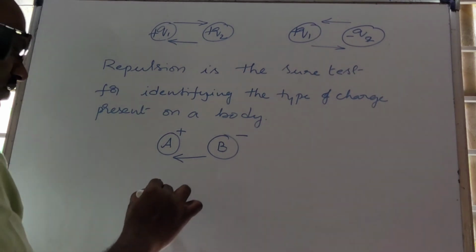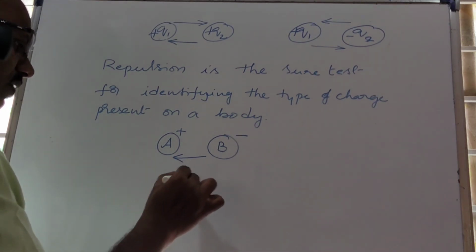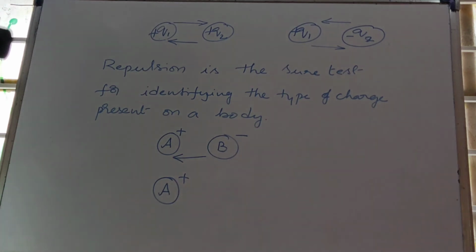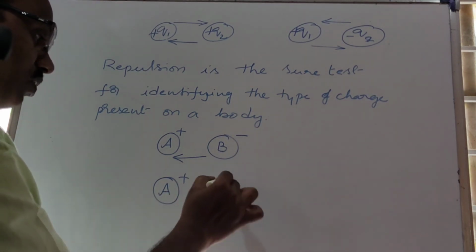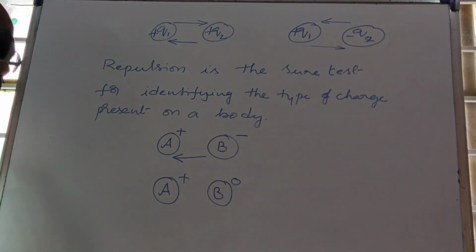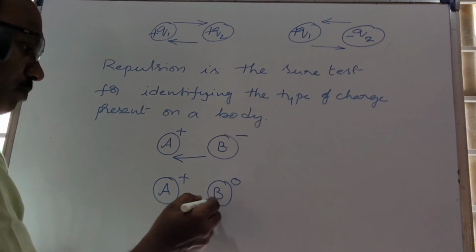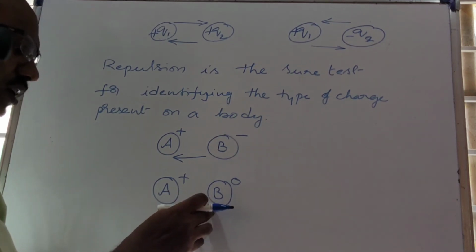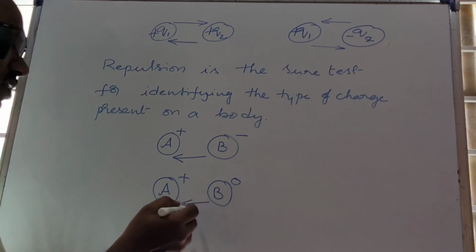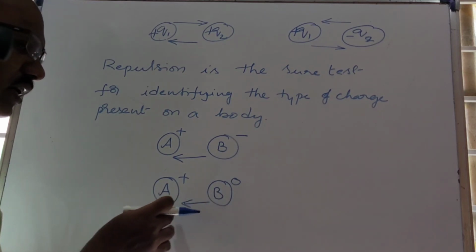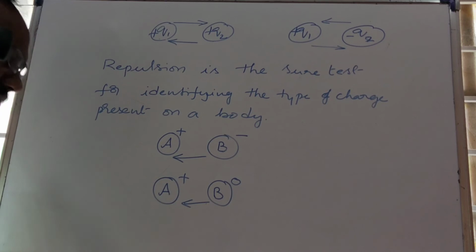For example, again, if the first body is positively charged and initially B has no charge, then also if we place the second body near to the first body, in this case also the second body is attracted towards the first body.